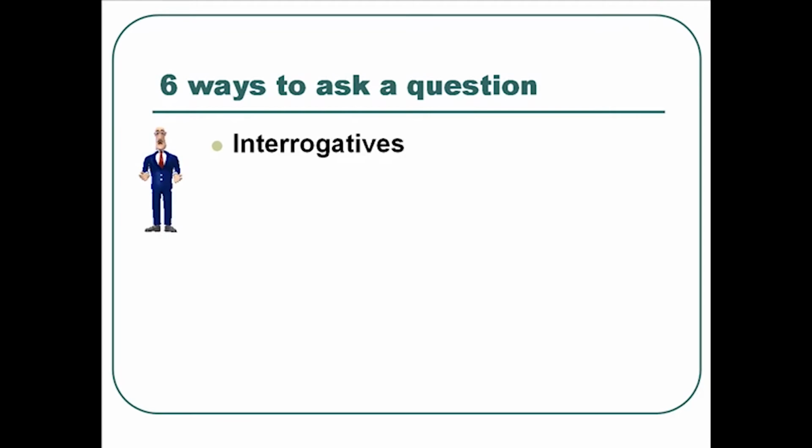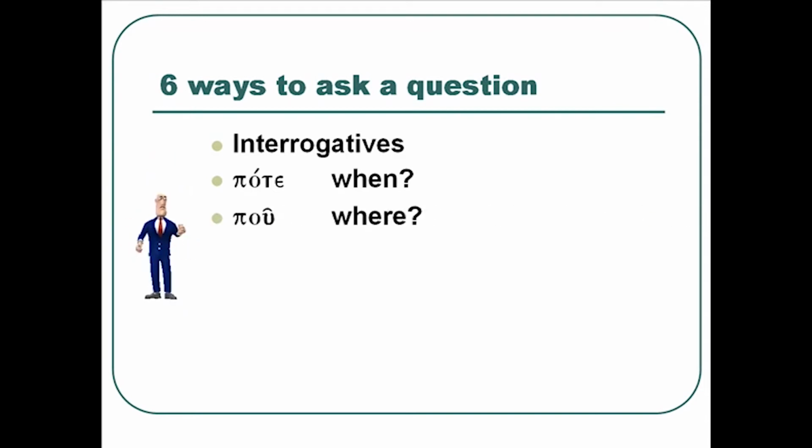Here are 6 ways to ask a question in Greek. We haven't dealt too much with the interrogatives yet, but here are 6 interrogatives that will get you started in terms of how questions are asked in Greek. The first word is pote, and it means when. Pou means where.